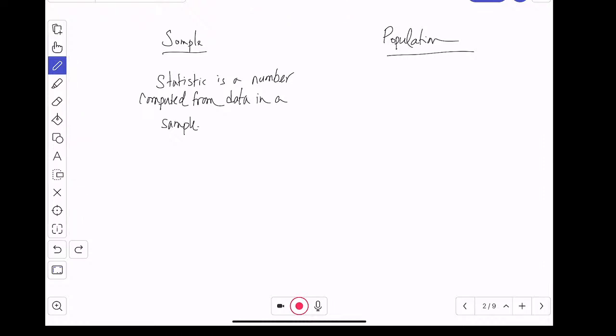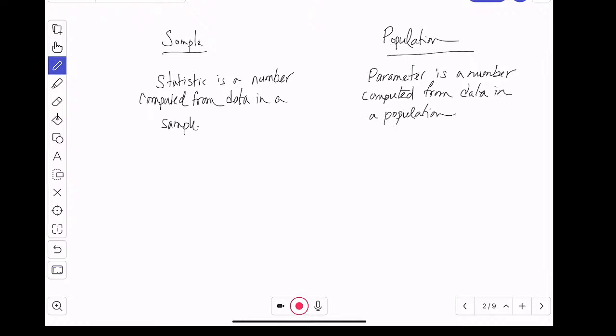From that sample, we can calculate statistics based on the data in the sample, and the statistic aims to estimate the parameters of the population. A parameter is a number computed from data in a population.